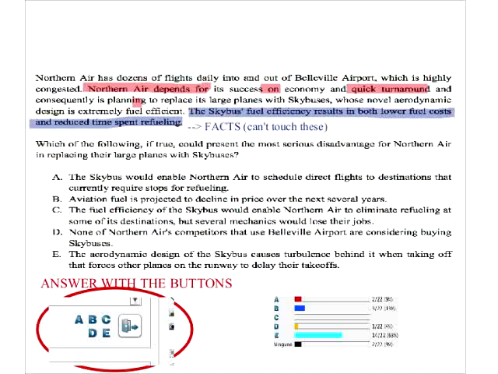So the big picture of the argument is that they need these planes to get off the runway faster. The issue at hand is, will the Skybuses really get off the runway faster? The pro here is lower fuel costs and reduced refueling time.